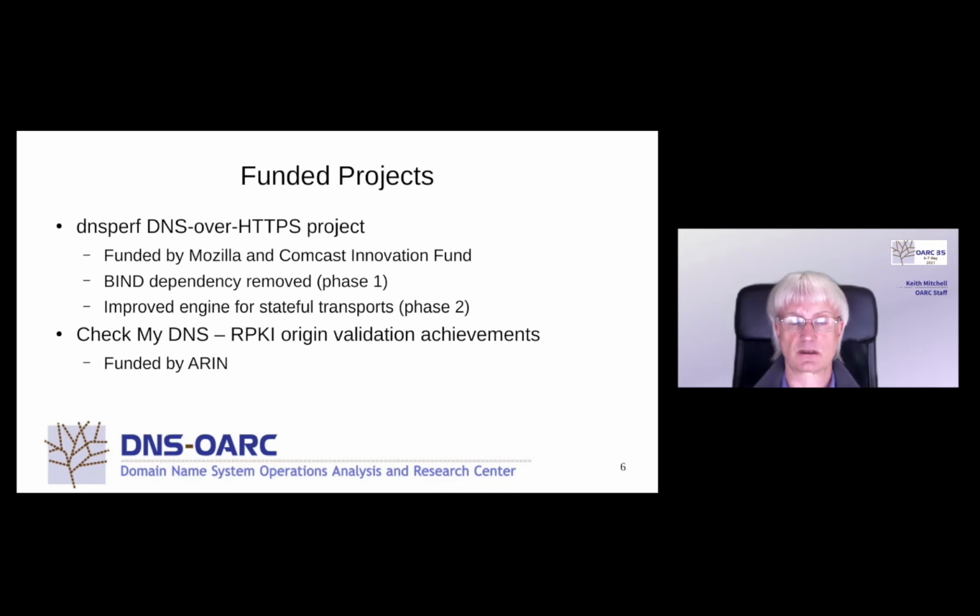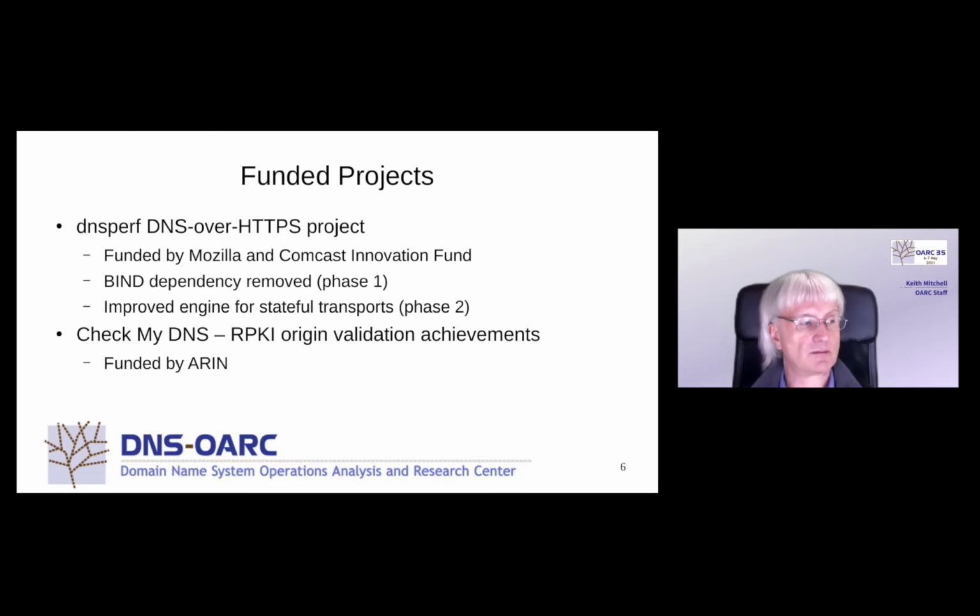It now uses entirely open and public libraries and library interfaces to various pieces of code. That was the first phase. The second phase was to add improved support for stateful transports, so it works better for connection-oriented DNS over TCP in various forms. And then the third part we'll see a little bit more in a minute.